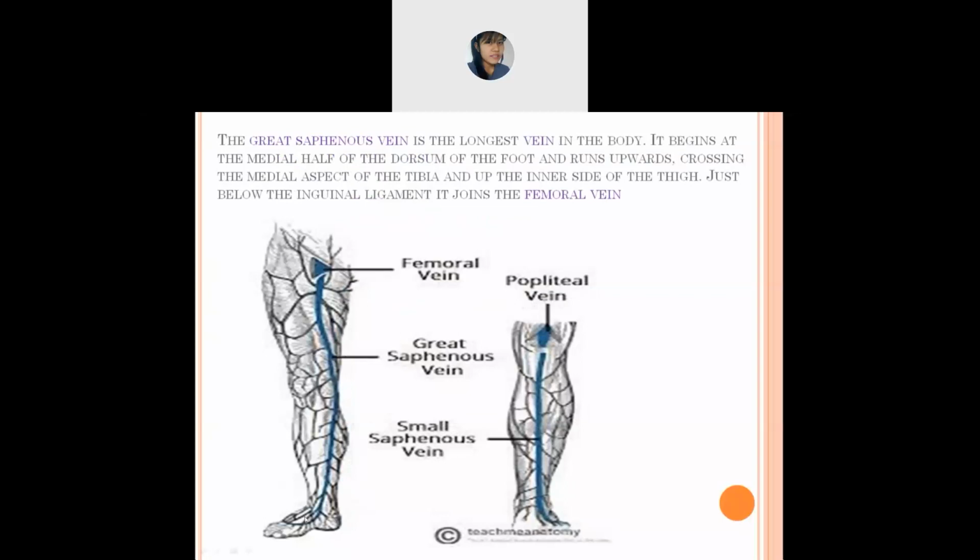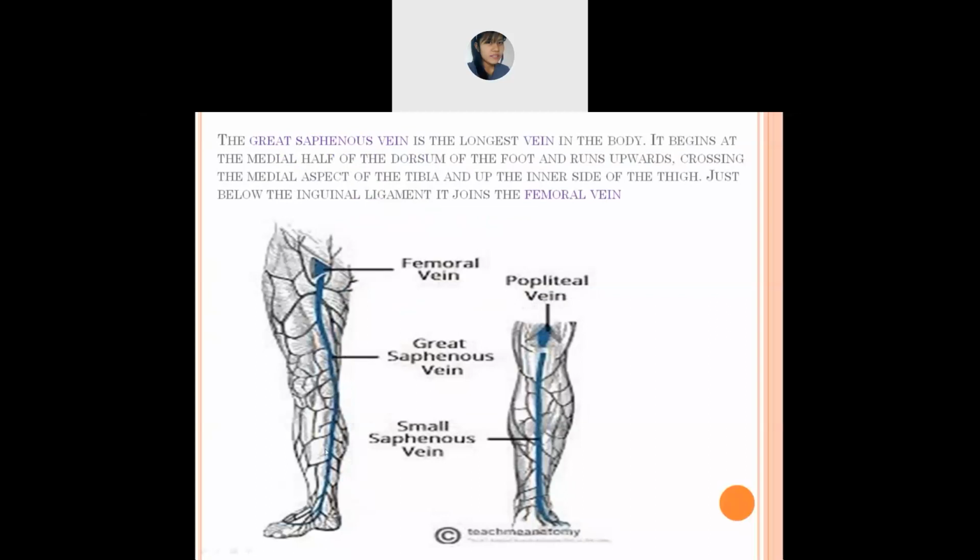Here, dorsum means the upper side, right? So from the middle portion of the foot, it will go upwards like this. It will cross the medial aspect of the tibia. In the middle portion there is the tibia and fibula, right? In the previous slide, I have showed you.